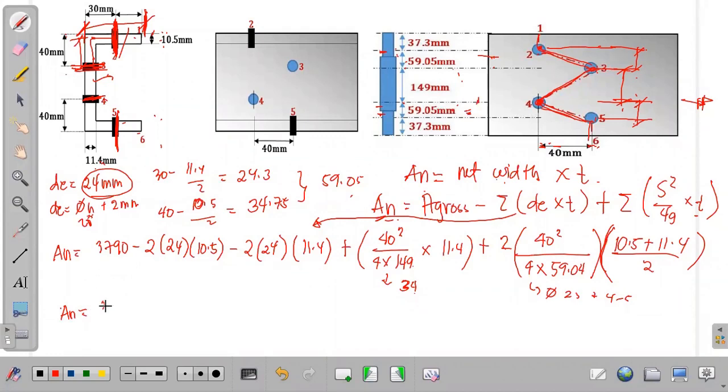We have 3,790 minus 2 times 24 times 10.5. That is equal to 504 minus 2 times 24 times 11.4. 547.2 plus, so paki-check pag tama yung aking calculation.